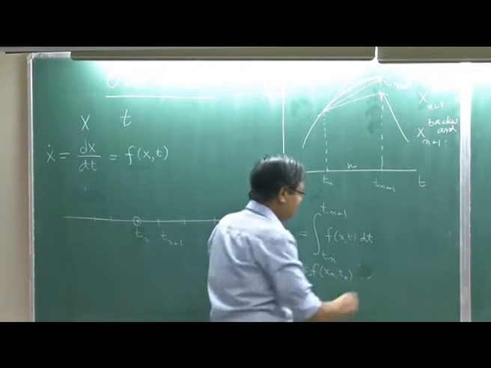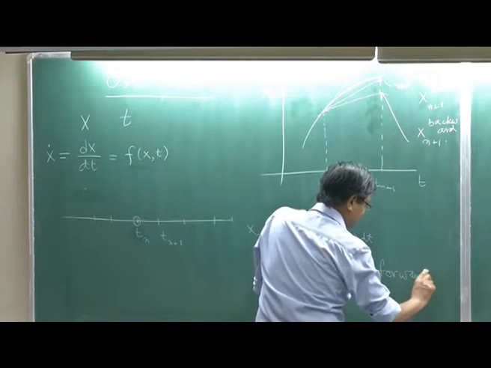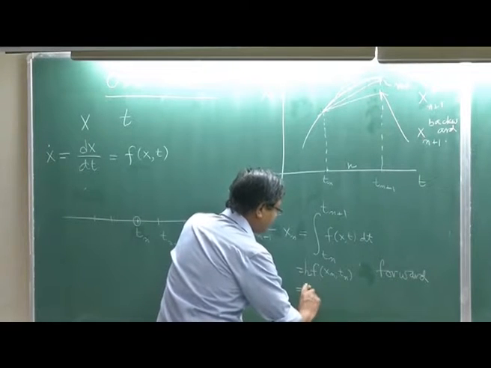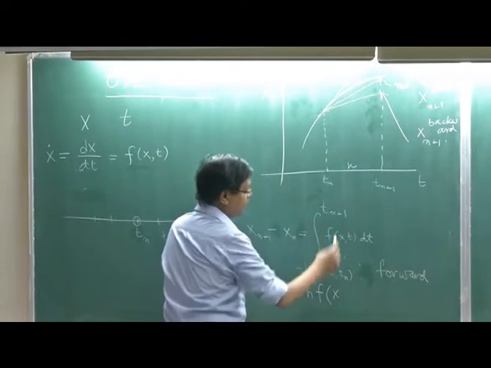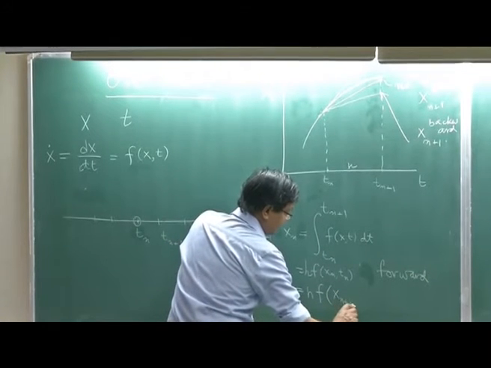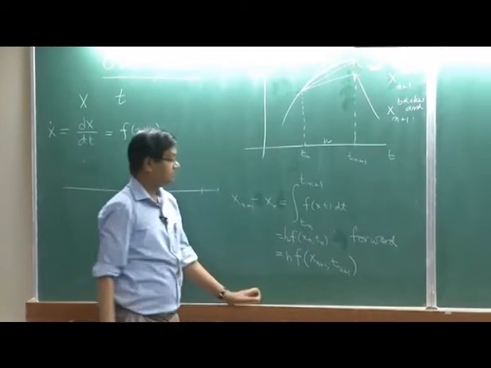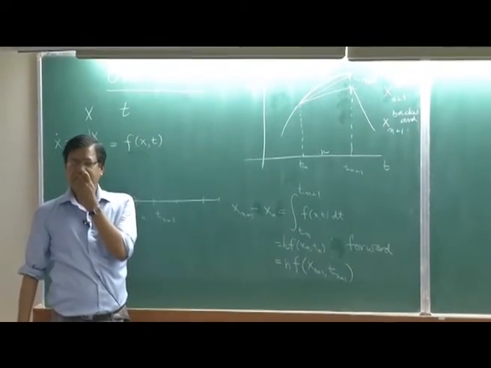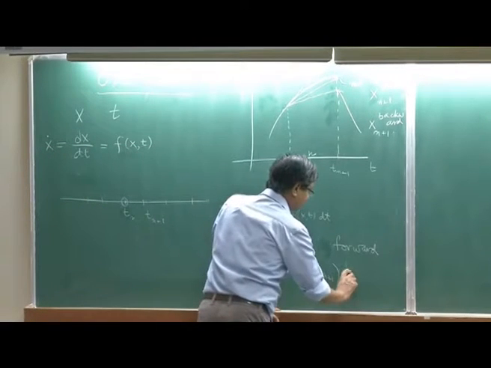So this is the forward scheme, or you can use h times the value of the function at x_{n+1}, and of course you have to put the time also at t_{n+1}. So this is future, so this is called the backward scheme.